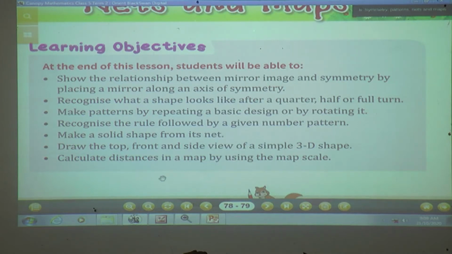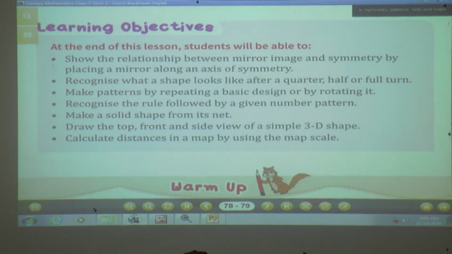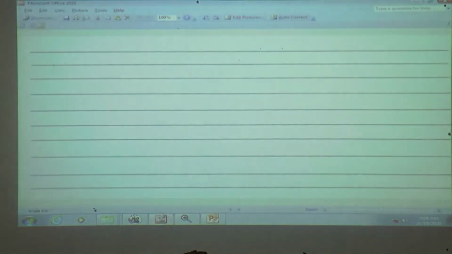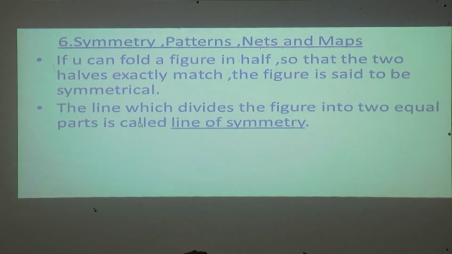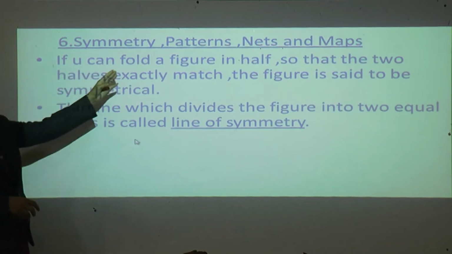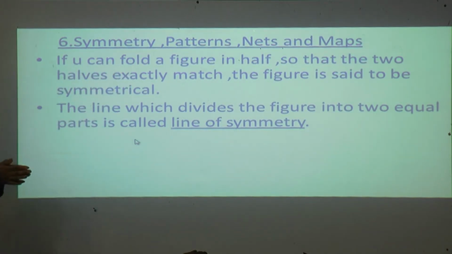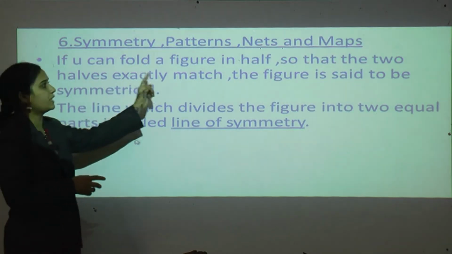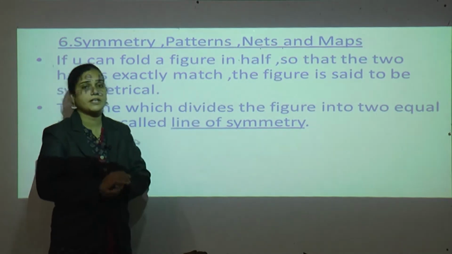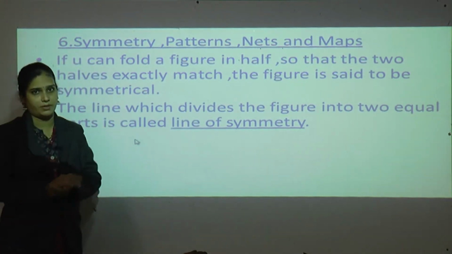Now students, see here, in your previous standard, you have learned about symmetry. So what is symmetry? If you can fold a figure in half so that the two halves exactly match, the figure is said to be symmetrical.